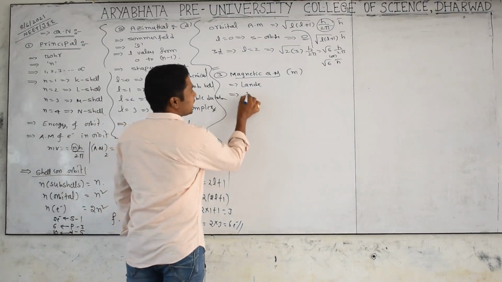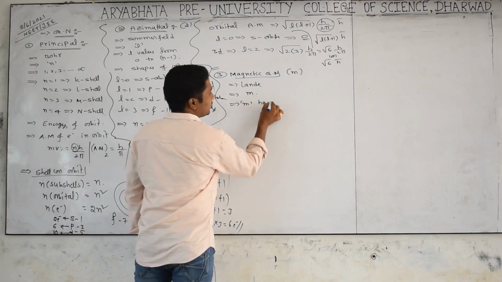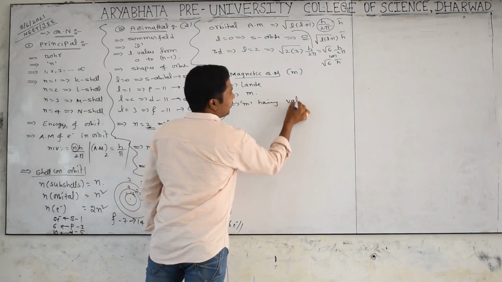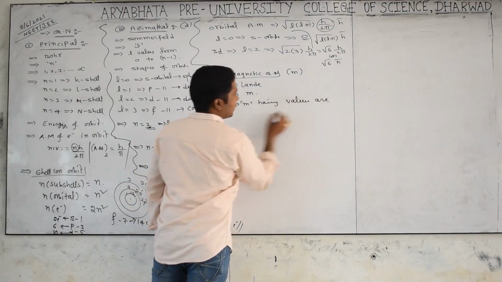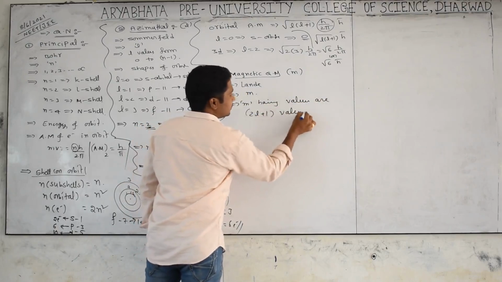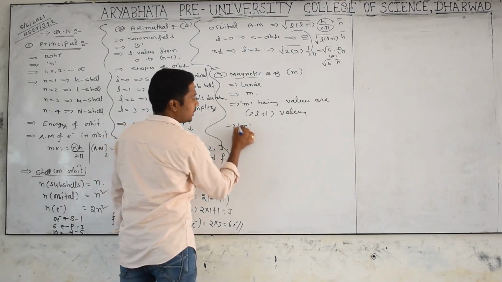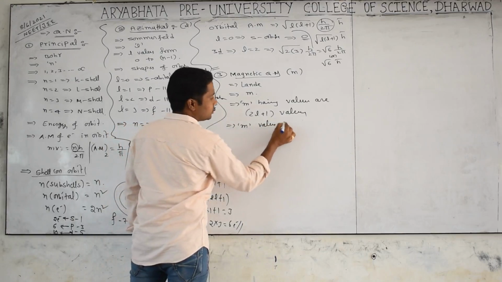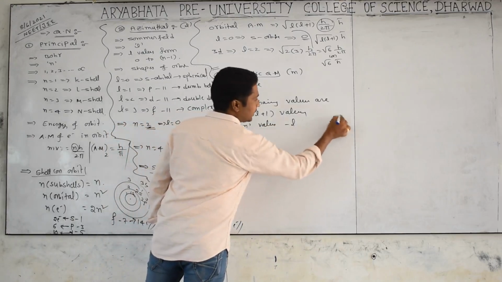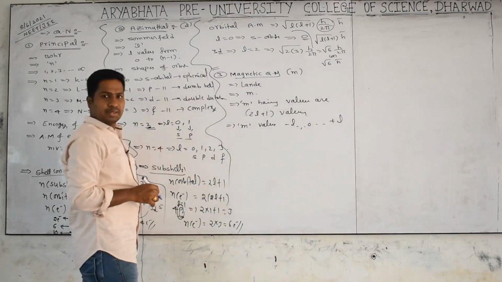It is represented by m, and m has 2l plus 1 values. What is that? I will explain. These m values are from where to where? m values are from minus l to plus l, including 0.